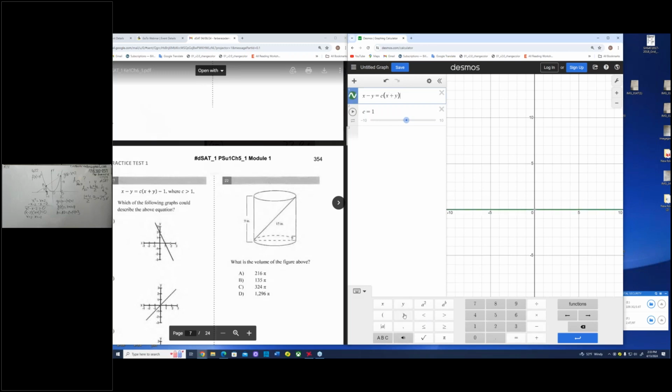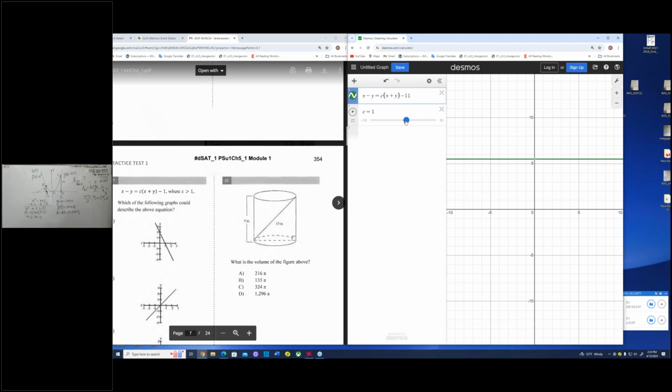Close it. And -1. Okay. And C is greater than 1. This is my C slider, right? And make the value like this. Greater than 1.